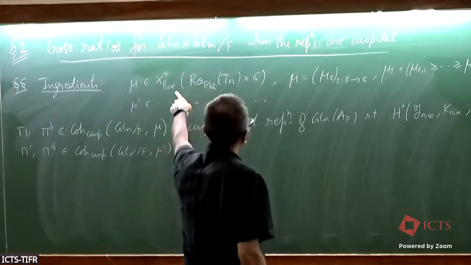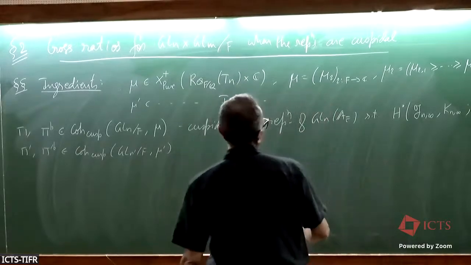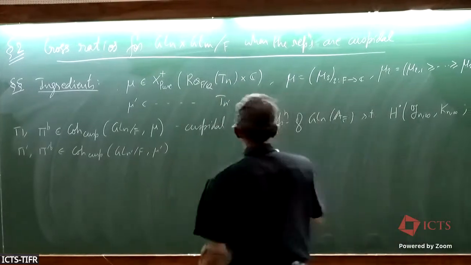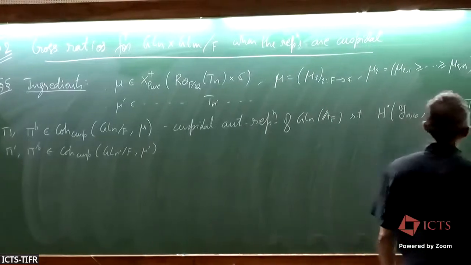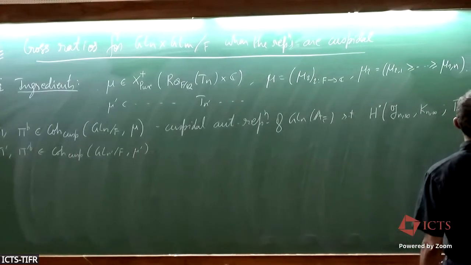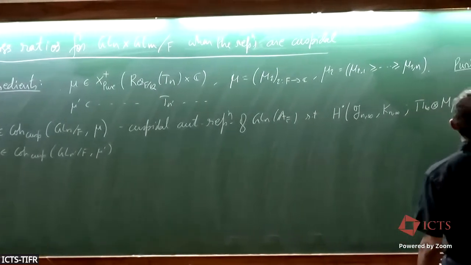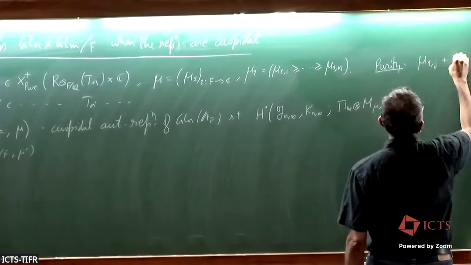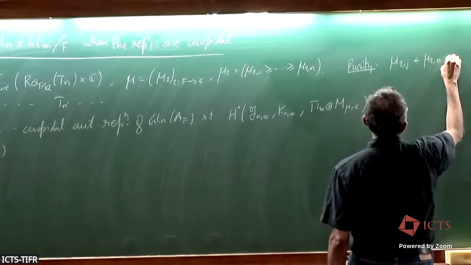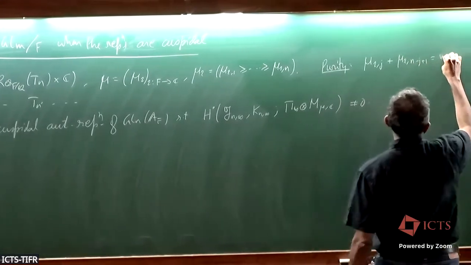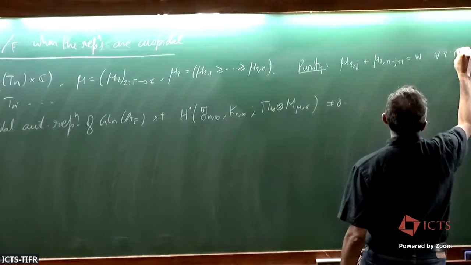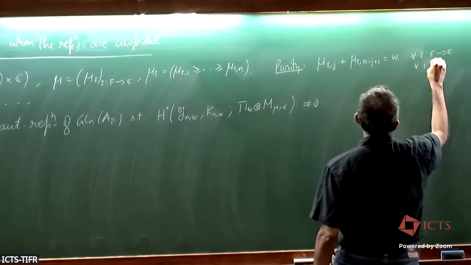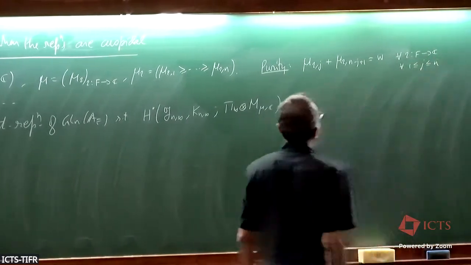Oh, I forgot to explain pure. So what's purity? Purity is the statement that mu_iota,j plus mu_iota,n-j+1 is a constant for all iota, for every embedding and for every j between 1 and n.